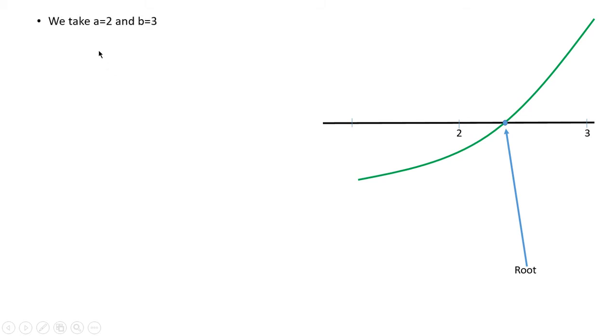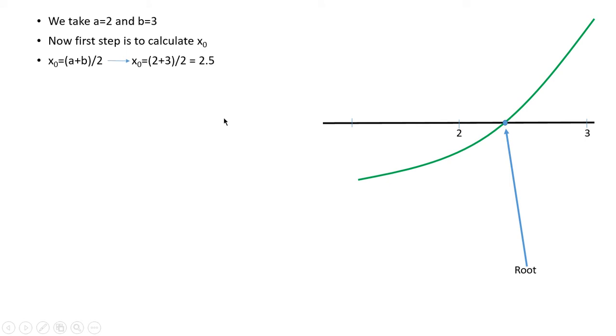I have also drawn a figure so that you can understand it in a better way. As I said before, we take a is equal to 2 and b is equal to 3. Now the first step is to calculate x naught. x naught is simply the midpoint of a and b, that is 2 and 3.